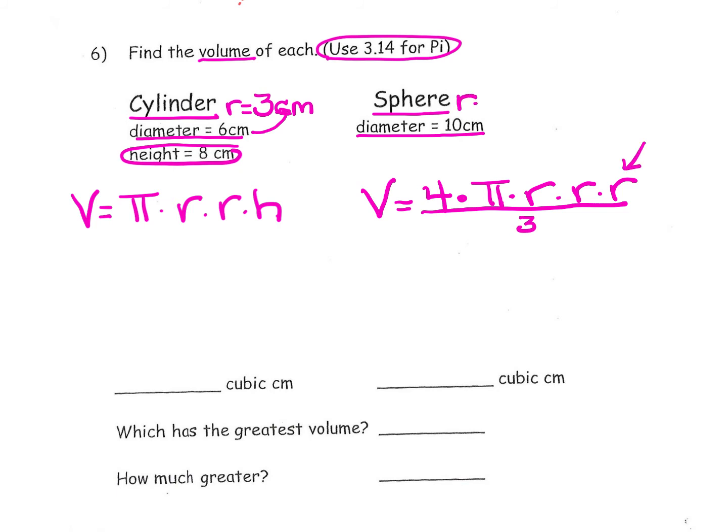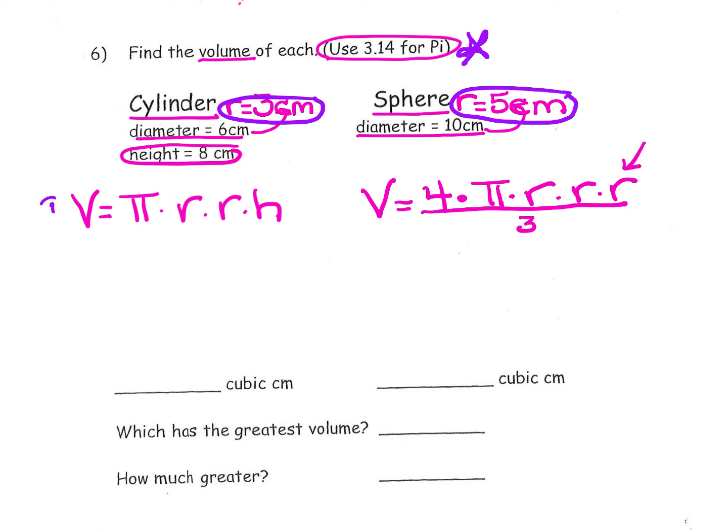So we're going to take the diameter of 10 and cut it in half. That means our radius is 5 centimeters. Take a moment and circle the radius for the cylinder and the radius for the sphere. Place a star right here to show that you're following along.